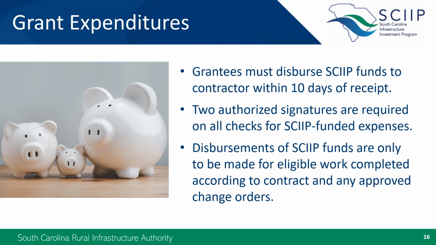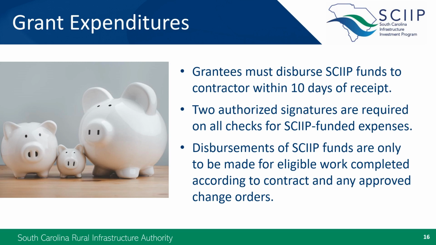Now let me re-emphasize these basic financial management requirements, which are not new to the SCIIP program. As I just stated, grantees must disperse grant funds within 10 days of receiving them. 2 authorized officials must sign all checks for SCIIP-funded expenses, unless otherwise authorized. It's important that this is done properly for all checks written to the contractors.